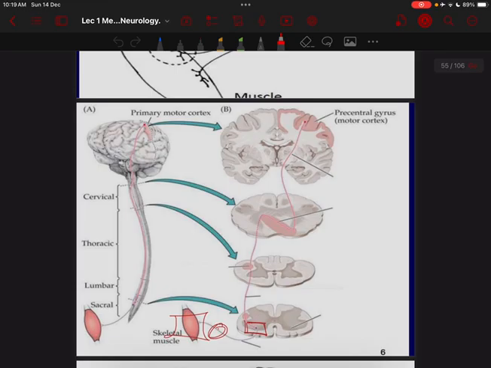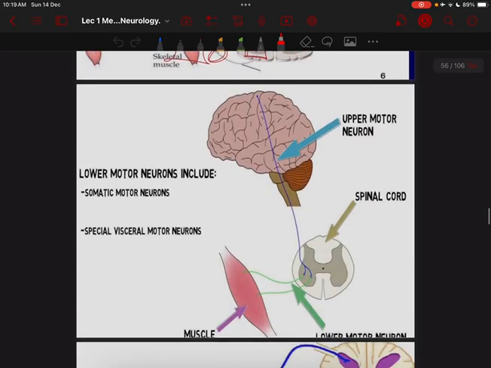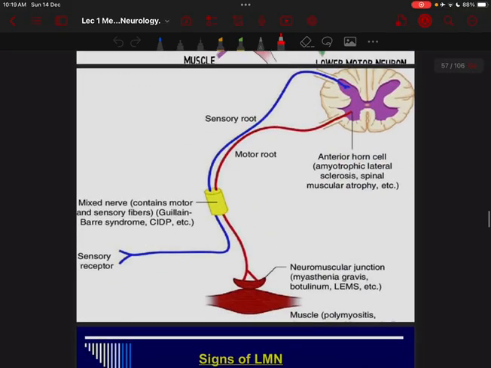هاي نفس الشيء، upper motor neuron lower motor neuron، وهذا واضح الupper motor neuron وهذا lower motor neuron. اوكي، نجي على signs of lower motor neuron.